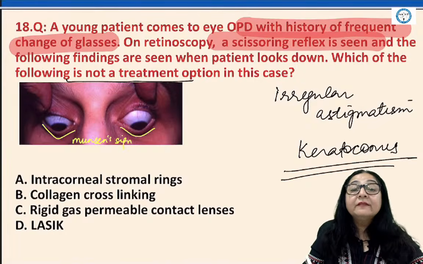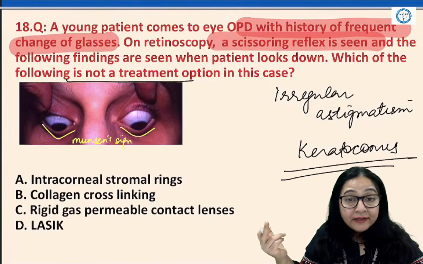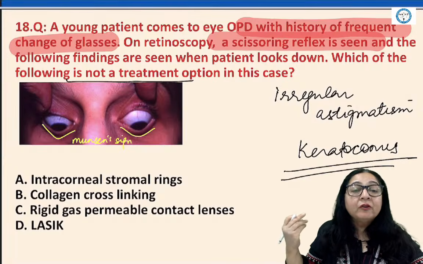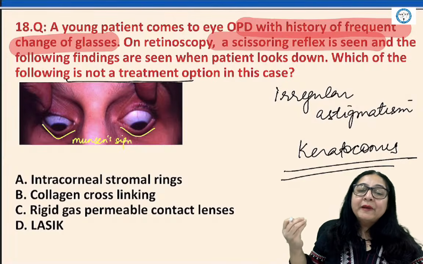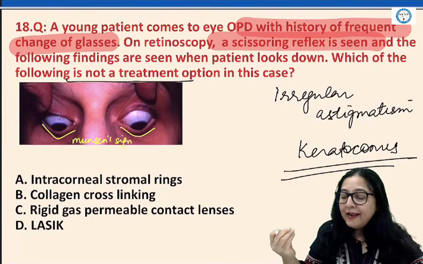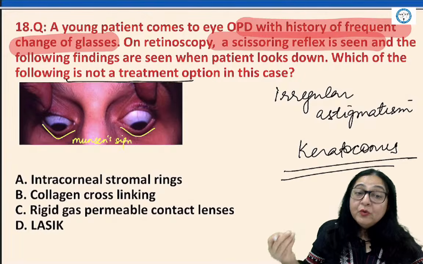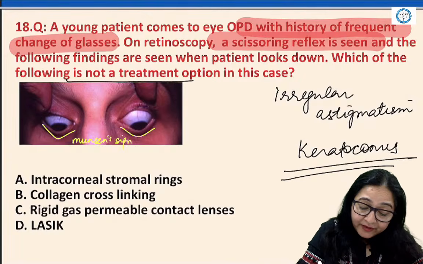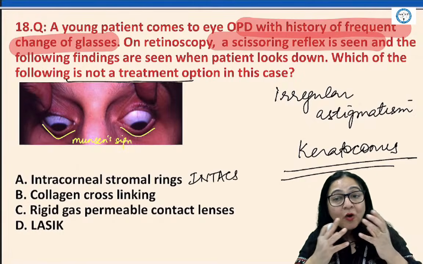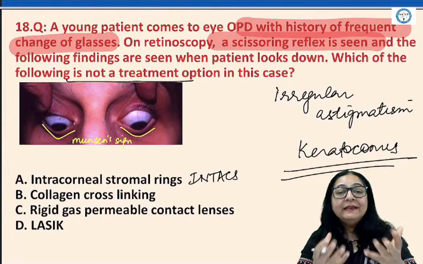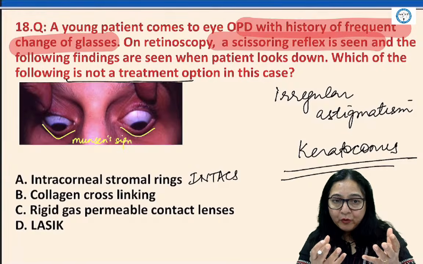Which of the following is not the treatment? Intracorneal stromal rings, collagen cross-linking, rigid gas permeable contact lenses, or LASIK. Okay, so you know intracorneal stromal rings or Intacs, they are used when there is corneal thinning and the cornea needs mechanical support.